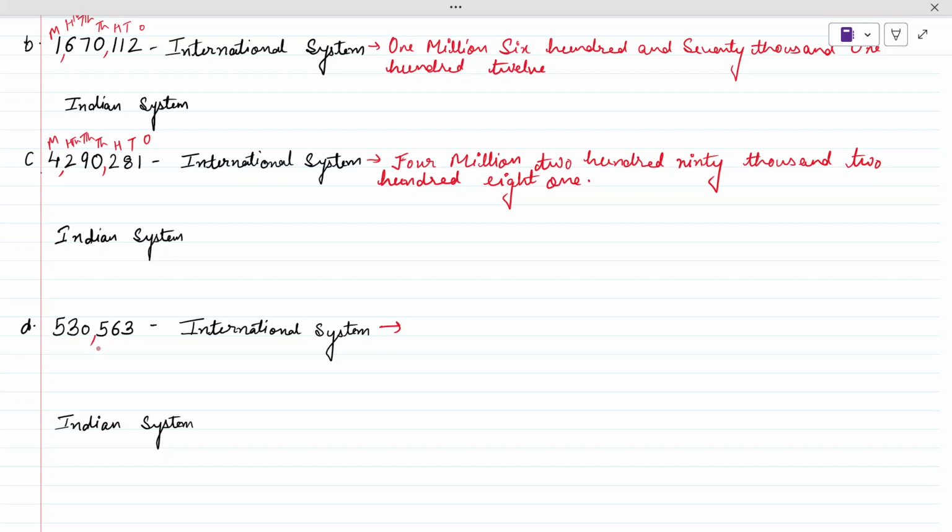Now the last part of this is here. So commas, and then we will identify the places: ones, tens, 100, 1000, 10,000 and 100,000. So this is very easy again. 530,000, 563.